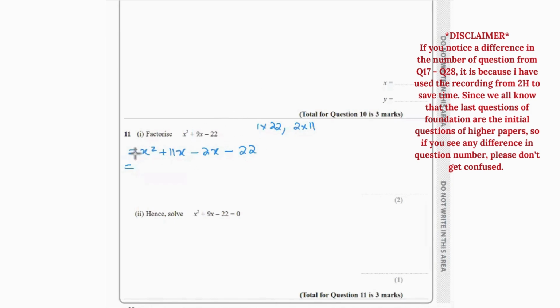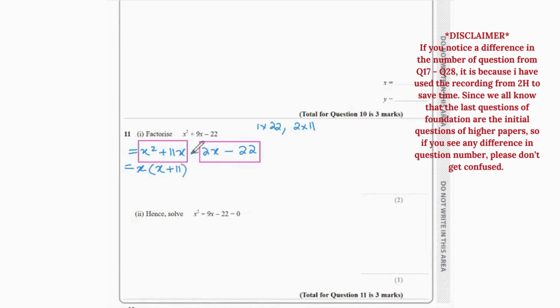Now the next step is to factorize this. We're going to factor by grouping. We split the expression into two groups, and then factorize those two groups separately. Between x squared and 11x, we have x common, so x bracket x plus 11.